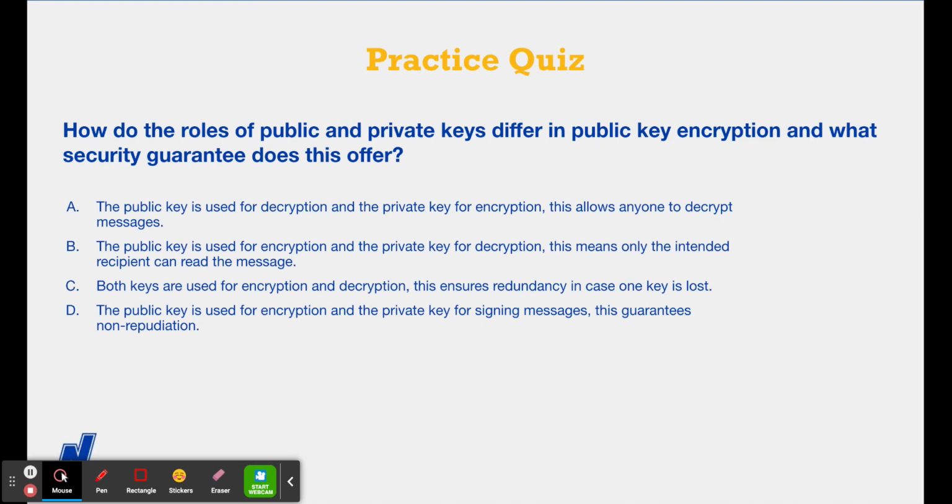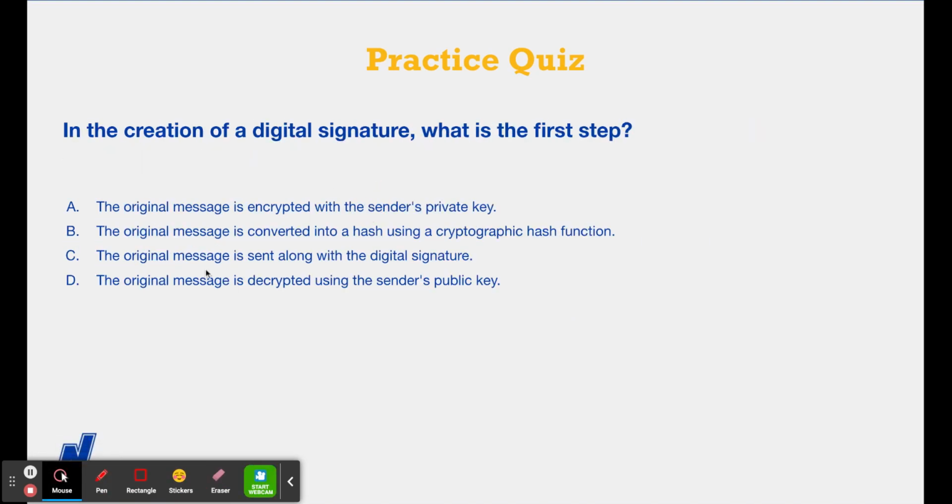This means that even if the public key is used by anyone to encrypt messages, only the holder of the paired private key can decrypt and read the message, providing a key security guarantee. So with that, the answer here will be B. All right, let's go on to the next one.